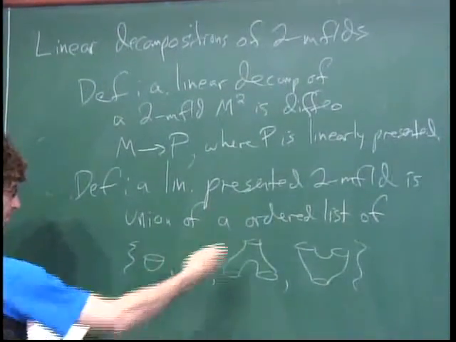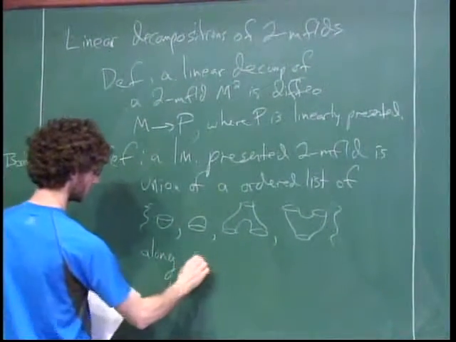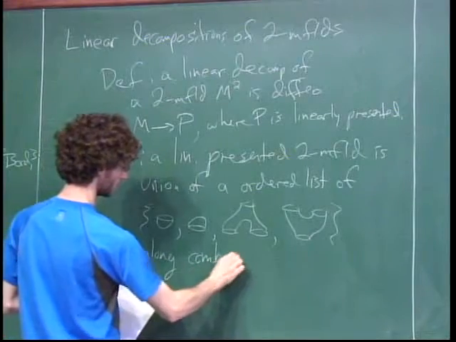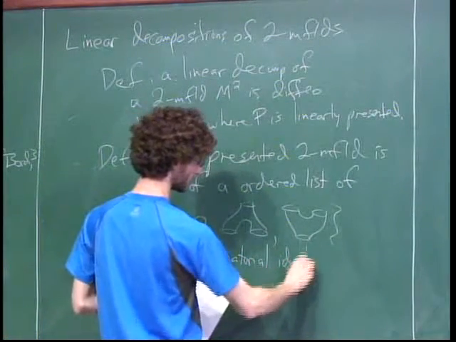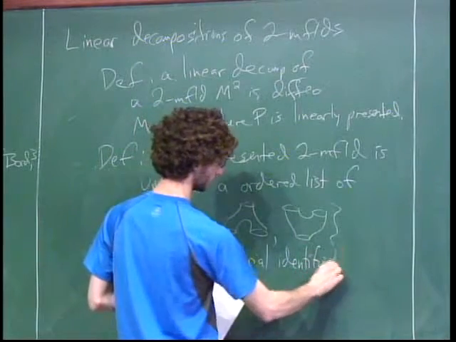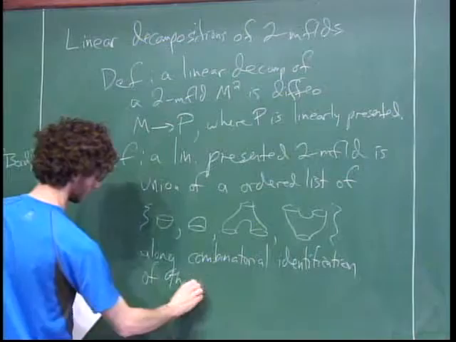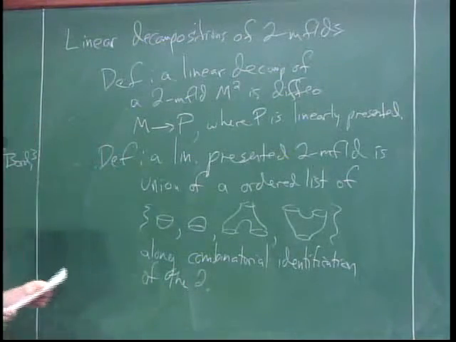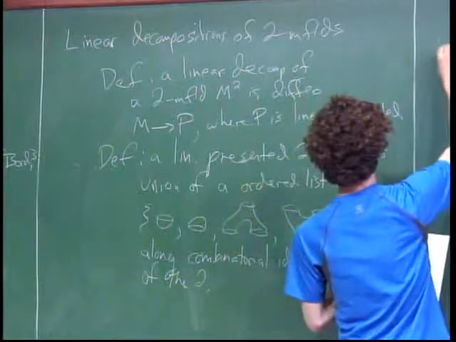So let me just finish. It's a union of an ordered list of these along some combinatorial identification of the boundary. Okay, so let me just give an example. I think it'll immediately make clear what I mean.